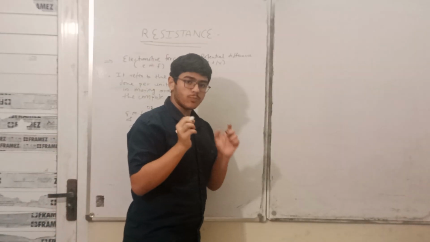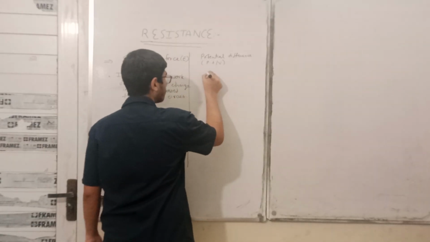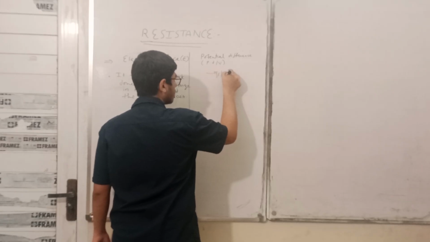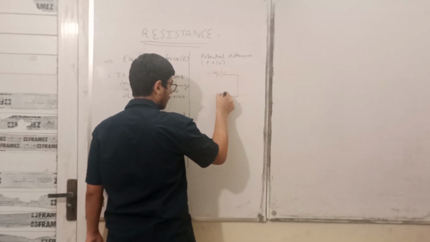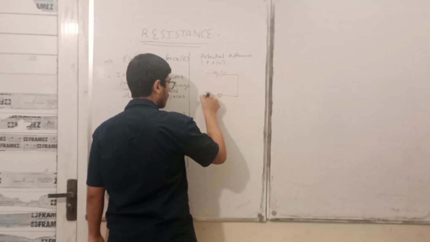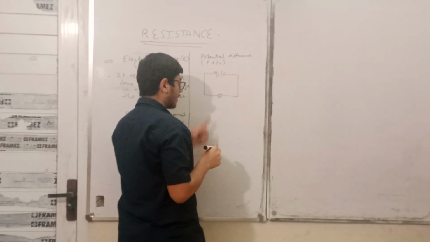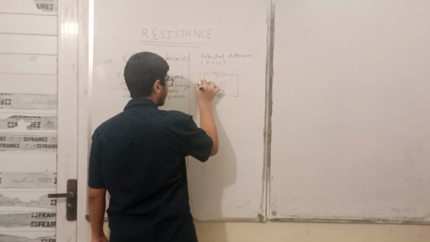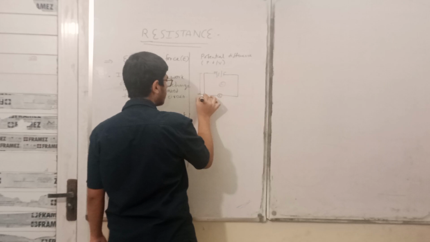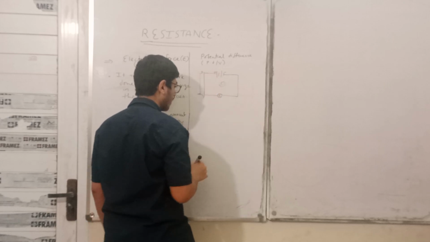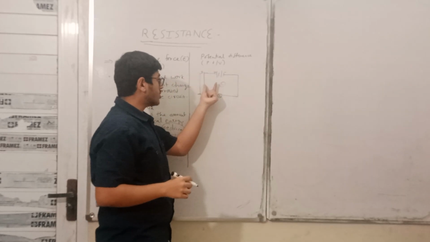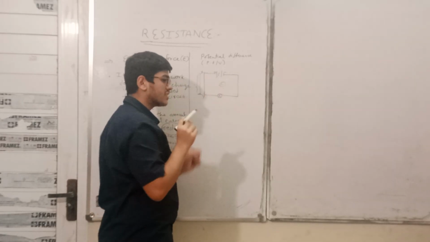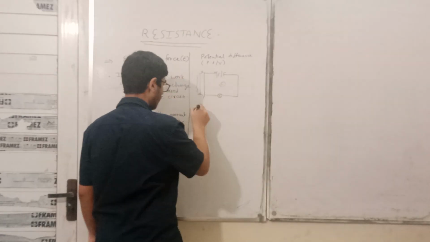Whereas if we talk about potential difference, consider this circuit, which I label circuit A, and these are 2 points X and Y. The work done per unit charge in moving between these two specific points is known as potential difference.